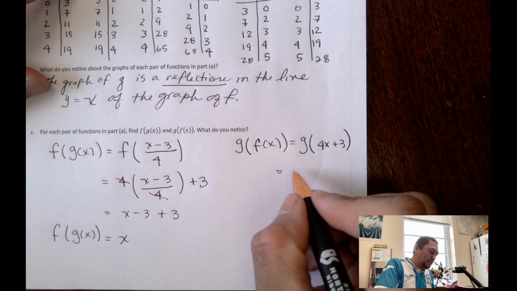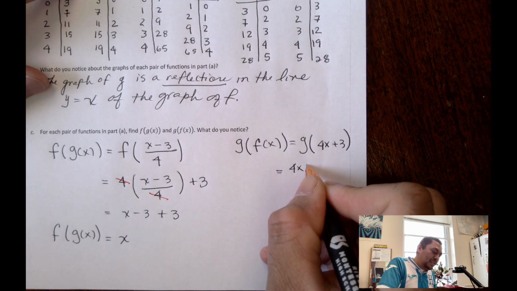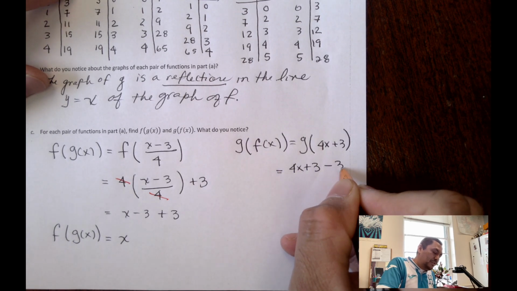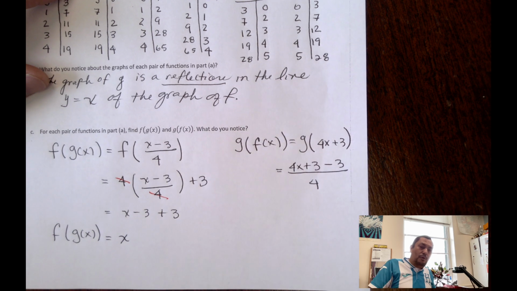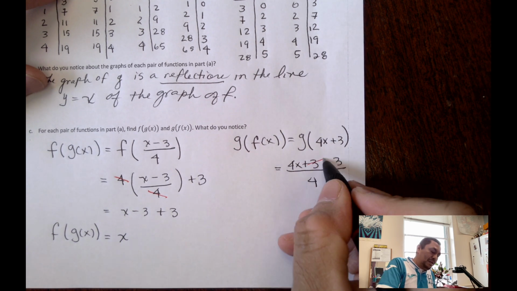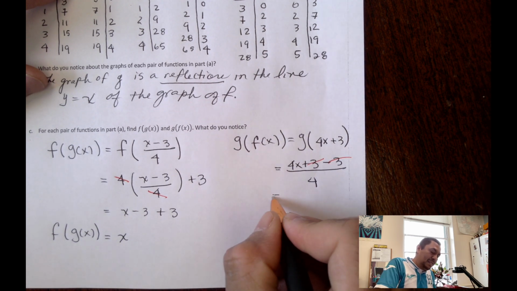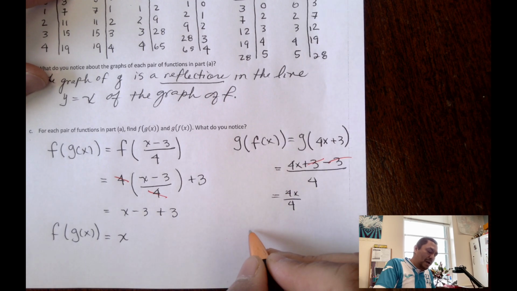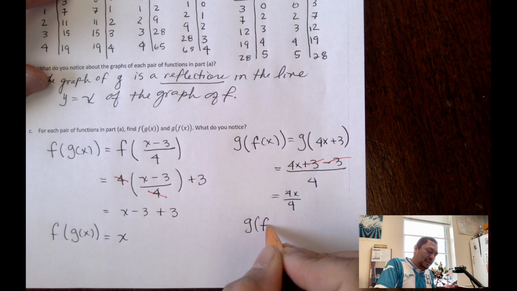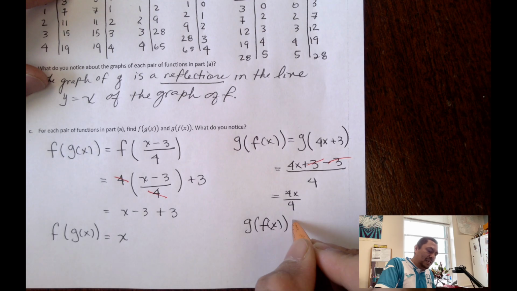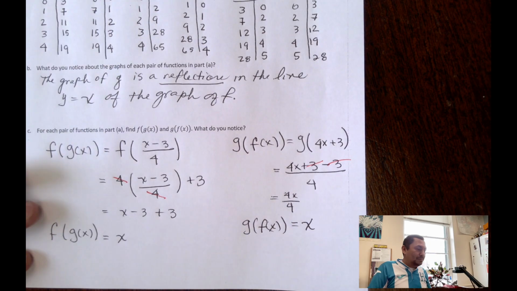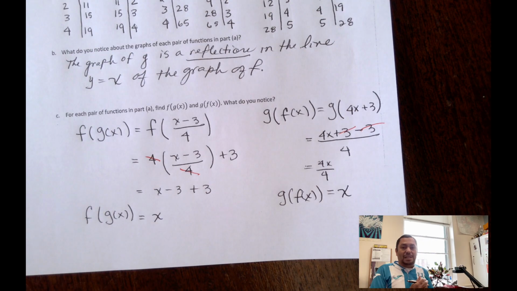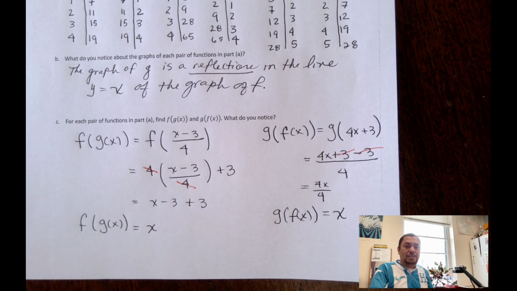So it's equal to (4x plus 3 minus 3) over 4. 3 minus 3 is 0. So what I have left is 4x over 4. 4 divided by 4 is 1. So g composed with f of x is equal to x. Okay? So that indicates that they are inverse functions.